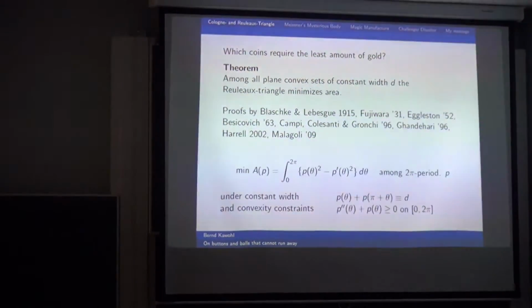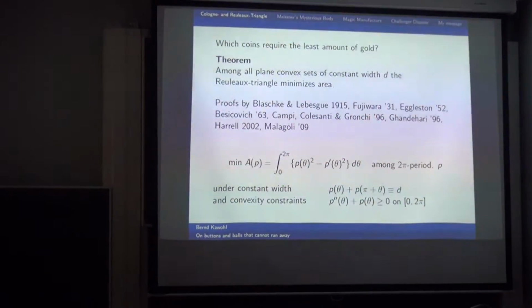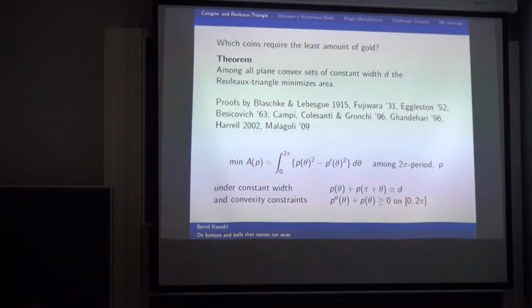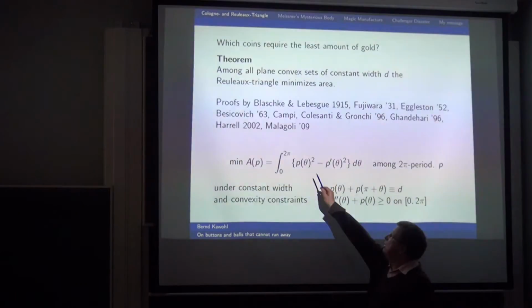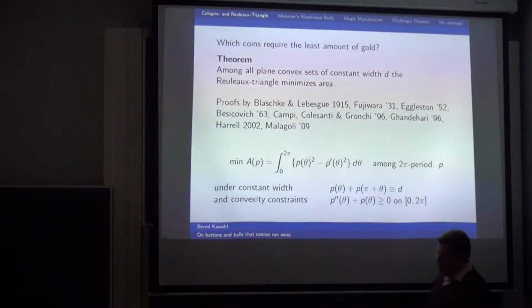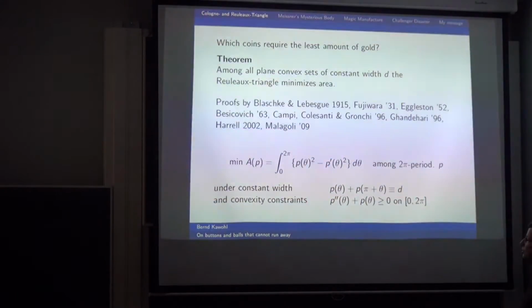Now, in terms of calculus of variations, this is a classical minimum problem. To calculate minimum area under some side constraint is an easy exercise that we have all done in high school. But here the side constraints are tricky. And in fact, if you want to write it down in terms of a variational problem, what you're trying to minimize is a combination of the support function and its derivative.